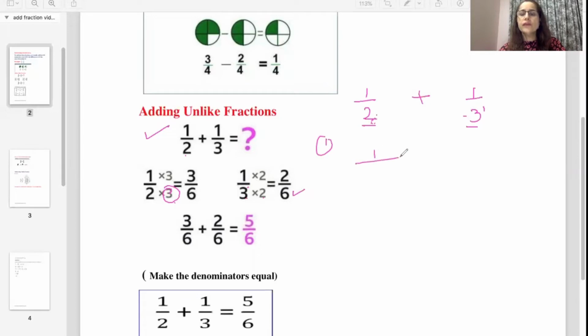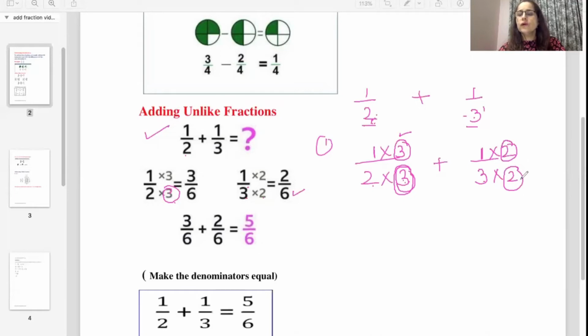So how to do this? 2 multiplied by 3. If we are multiplying this denominator by 3, the numerator should also be multiplied by 3. So 1 by 3 is here. Now 3 should be multiplied by 2, then only we will get 6. So the numerator should also be multiplied by 2. So if we are multiplying the denominator by a number, the same number should be multiplied by the numerator.